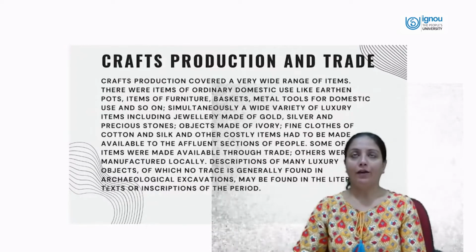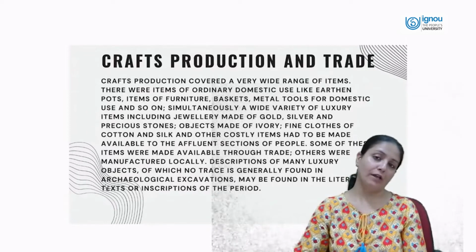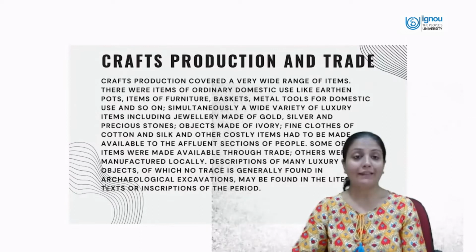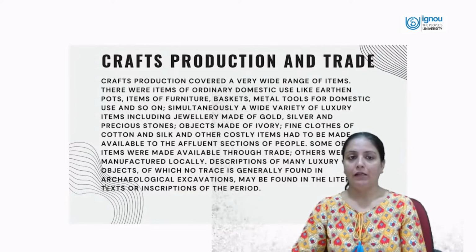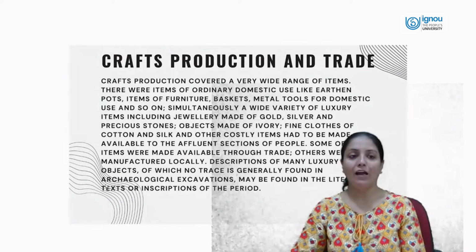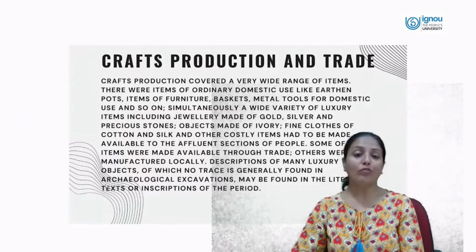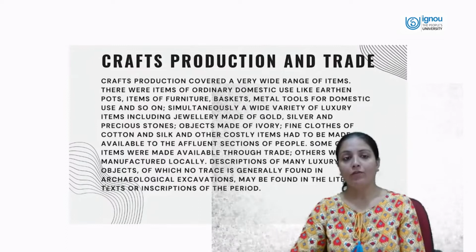After agriculture, we are going to discuss craft production and trade. Craft production covered a very wide range of items. There were items of ordinary domestic use, like earthen pots, items of furniture, baskets, and metal tools for domestic use.